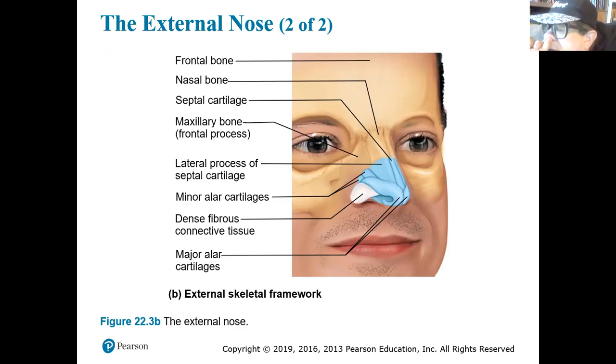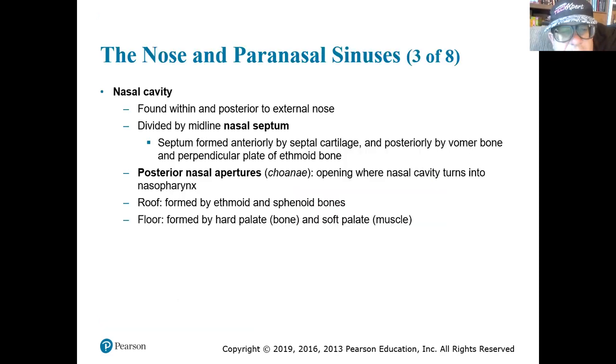That's the cartilage right here that you can wiggle. The septum, the divider, just like in the heart, we had an interatrial septum between the atria and an interventricular septum between the ventricles. Here we have a nasal septum that's part of the nose, but divides us into a left side and a right side. Okay. This is all pretty straightforward.